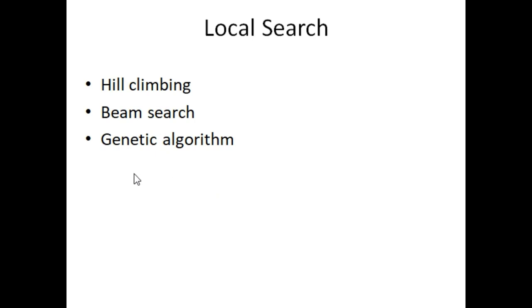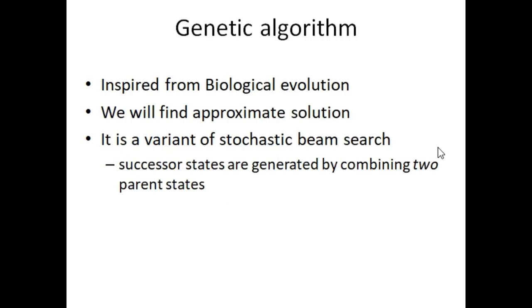Inshallah we will cover this algorithm in our next lecture. Just look at the basic points of this algorithm: it is inspired by biological evolution. Just as in biology chromosomes undergo changes, in this genetic algorithm too we will make changes to values and bring in better and better states, better values.